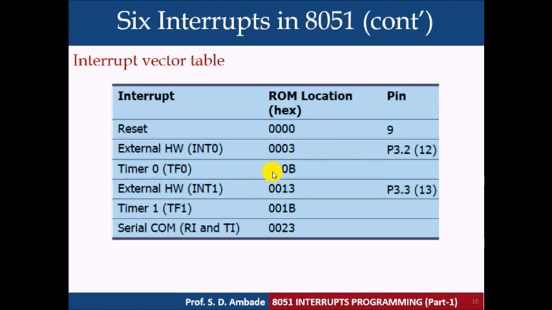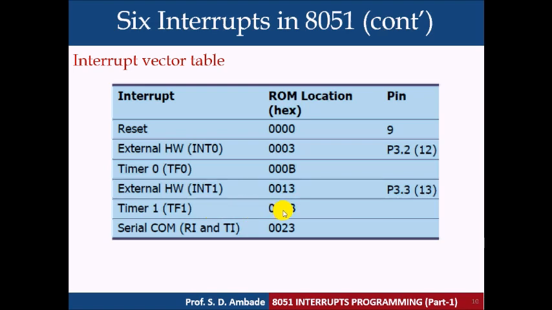The gap between this interrupt and this interrupt is 8 bytes. So the difference between each interrupt is 8 bytes. External hardware interrupt INT1 has address 0013. Timer 1 interrupt, 001B. Serial communication interrupt, 0023.